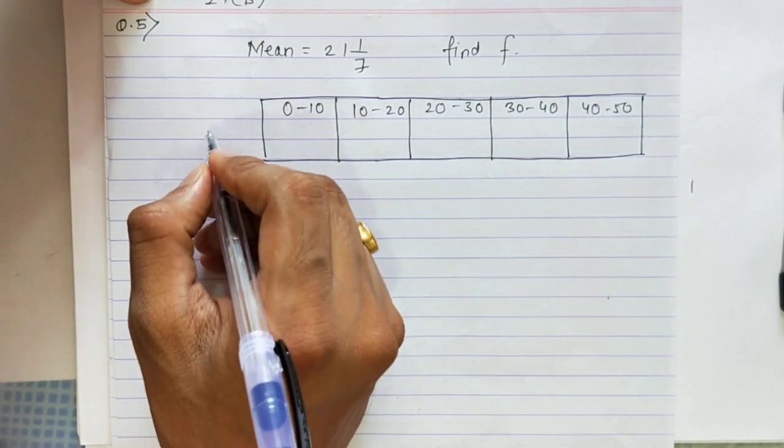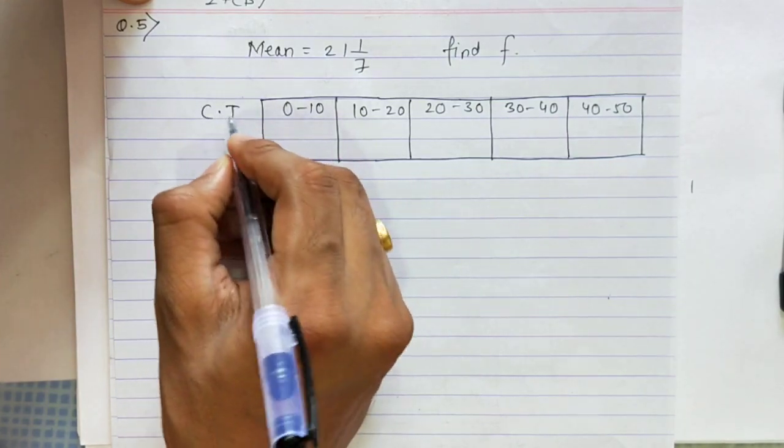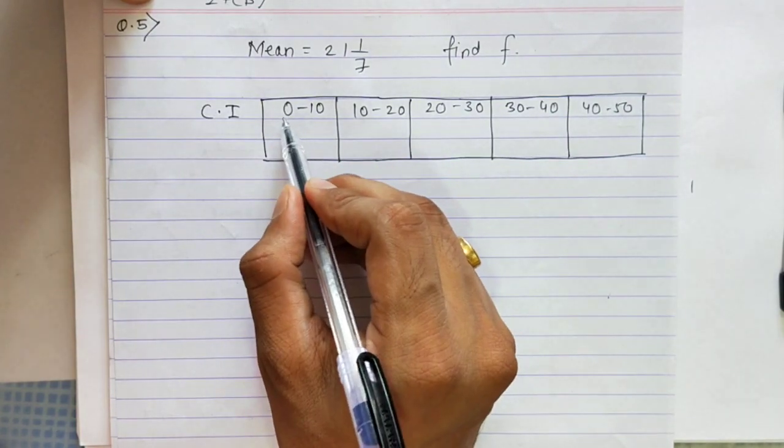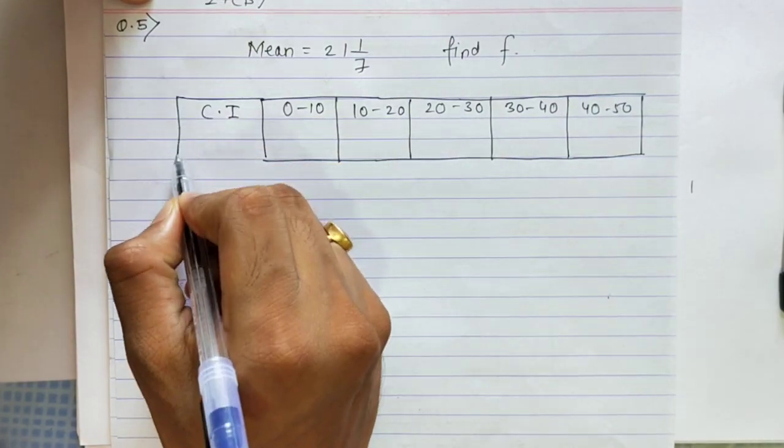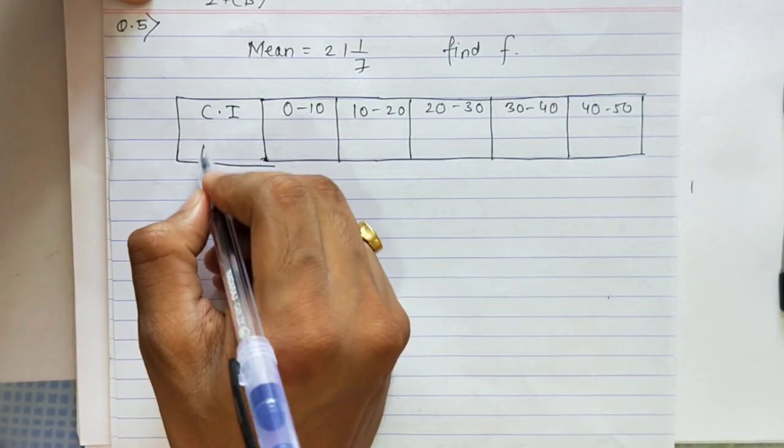These are the class intervals. I have told you whenever you get the information in range, that is called the class interval. And here this is the frequency.